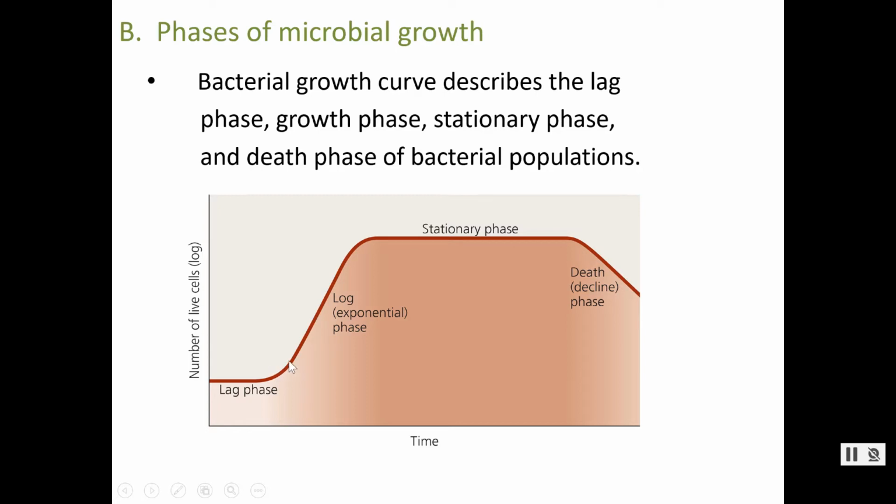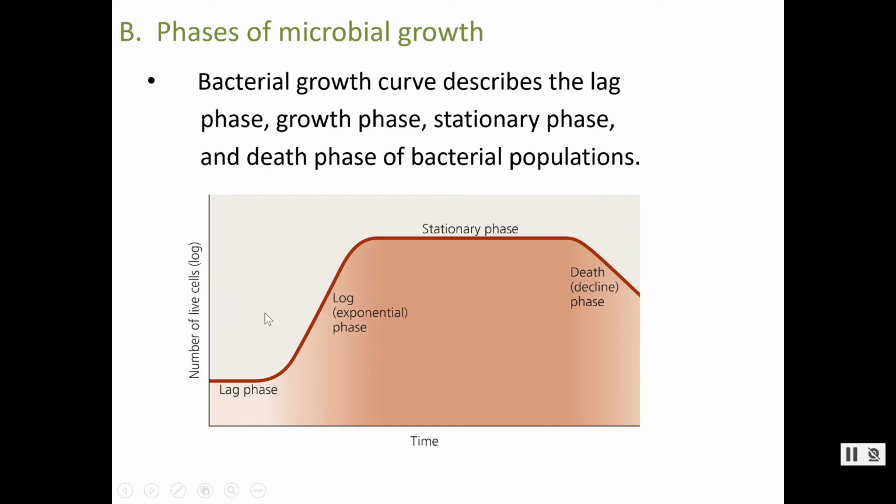We've already talked about the logarithmic growth phase. When nutrients are plentiful and all conditions are good, you get that logarithmic growth. You get that doubling in numbers for every generation time, and you can see this exponential growth phase. So this is considered the log phase of bacterial growth. We're looking at growth over time, and we're looking at the number of cells, and in this case, living cells.